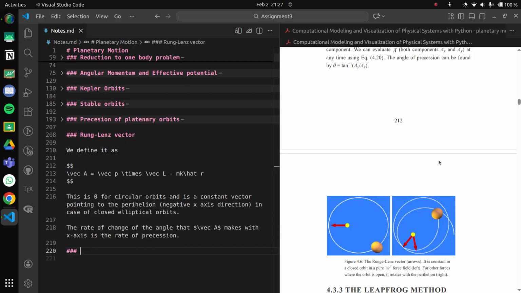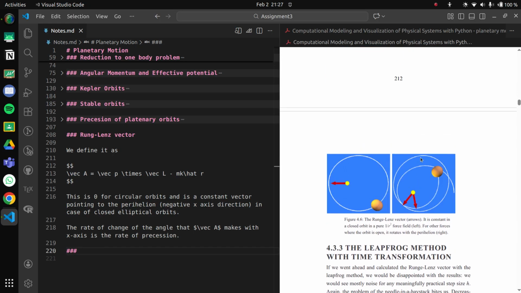Now, to get an actual stable simulation, we can't just use the leapfrog directly. The problem is when the planet is really close to the singularity. Remember, over here the potential goes to infinity because of the 1 by r, so there's a large singularity for the potential, and the same for the force.